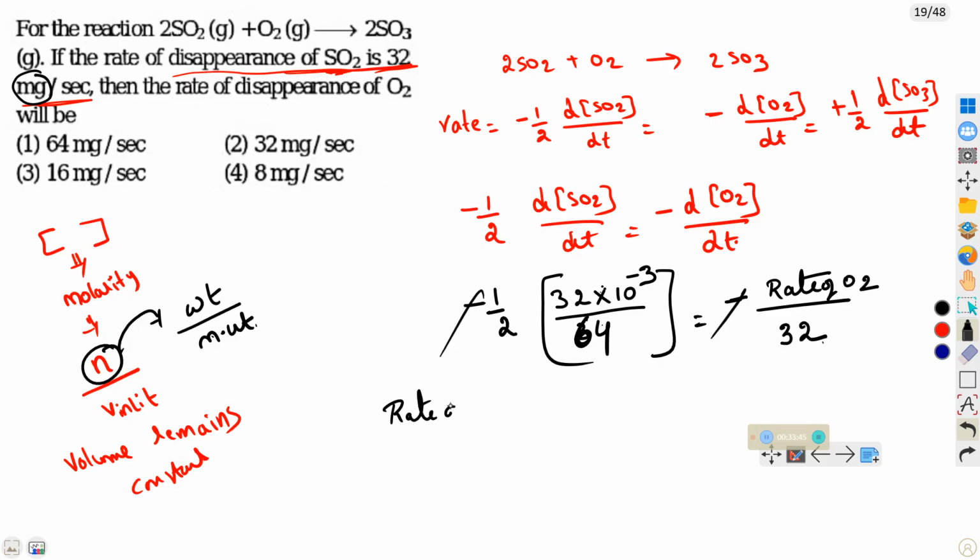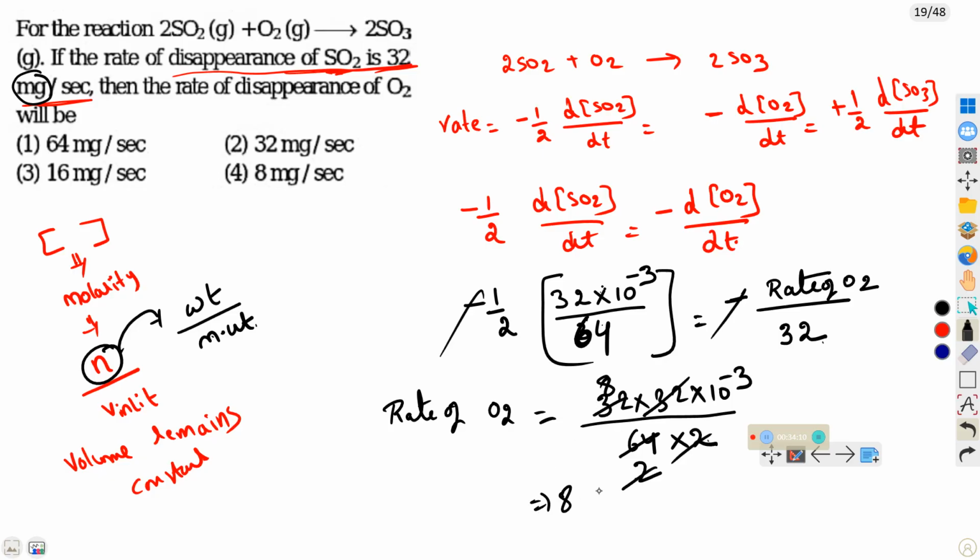Rate of disappearance of O2 is equal to 32 into 10 power minus 3 by 64 into 2. 32, 2 times 2 is 4, 4 eights, then 8 into 10 power minus 3 gram per second or 8 milligram per second. Fourth option is correct.